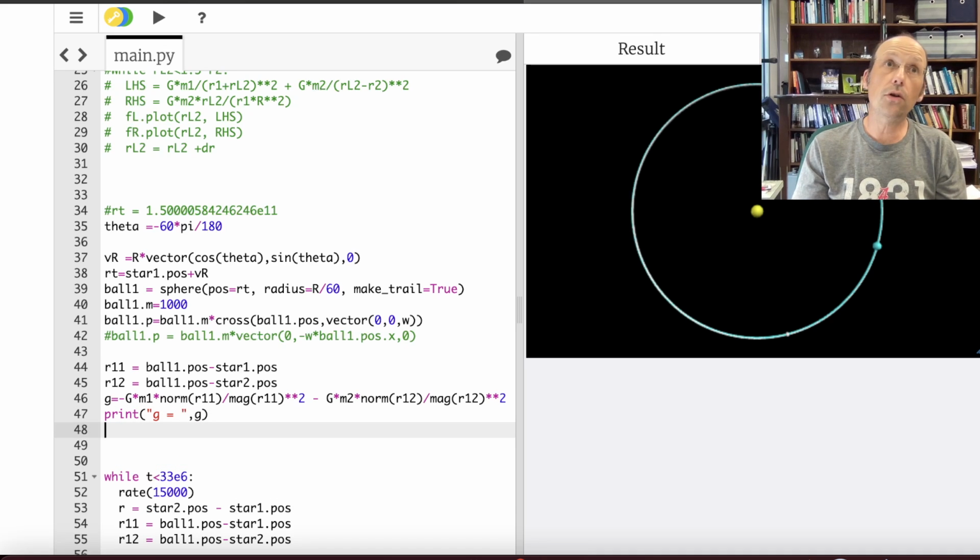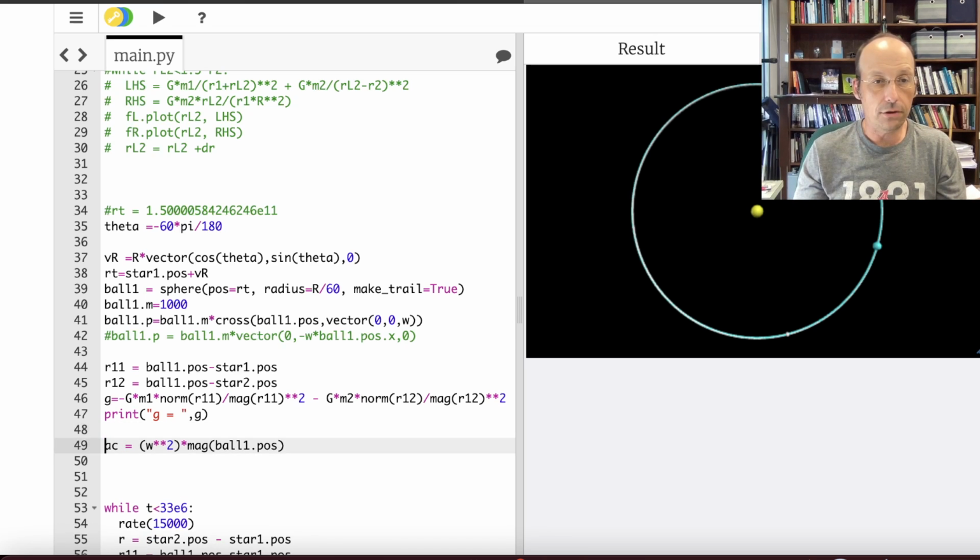So now what I want to do is to calculate the magnitude of the acceleration. So that would be, let's just say AC, the centripetal acceleration is going to be omega squared, which I already know, put that in parentheses, times the circular orbit radius, which is mag ball 1.pos, because that's the R. And let's print that out. Let's print out the magnitude of G too.